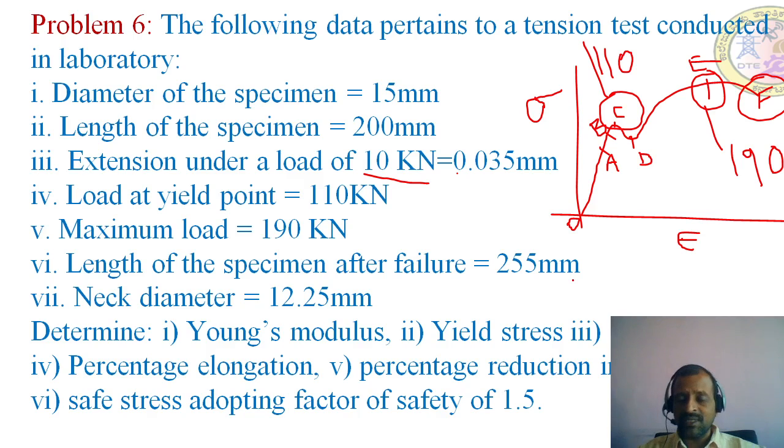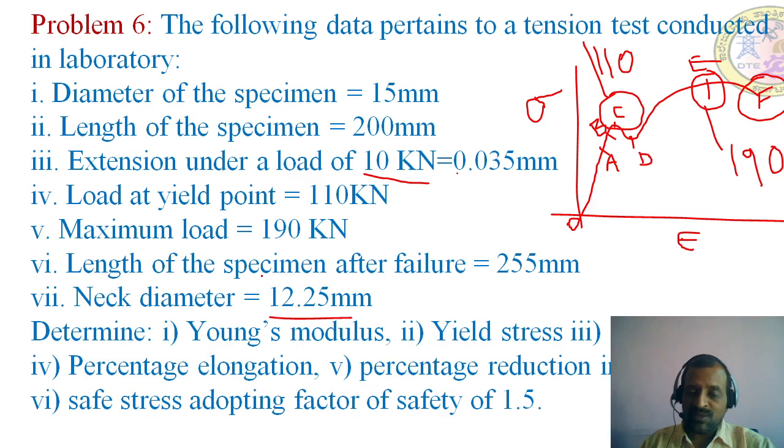Then neck diameter is given, neck diameter is 12.25 mm. Neck diameter, as I told, initially the diameter is the same. After applying the load it forms the neck, so the diameter goes from 15 mm to 12.25 mm.